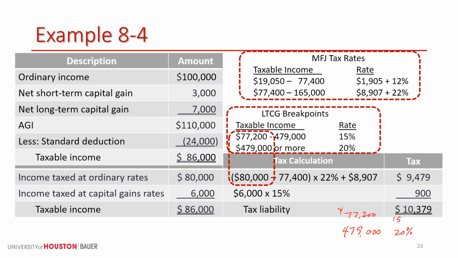Well, $80,000 is already above the $77,200, so clearly they're in the 15%, but they're not anywhere close to the $479,000. So in this instance, it's quite simple. They're simply going to have a flat 15% rate that applies to all of their preferentially taxed income. So $6,000 at 15% is the $900. So we can see that right there.